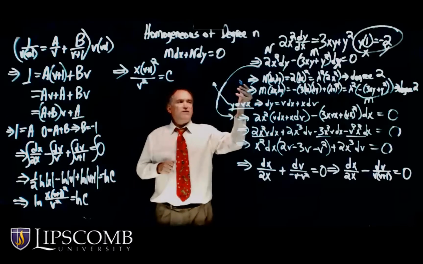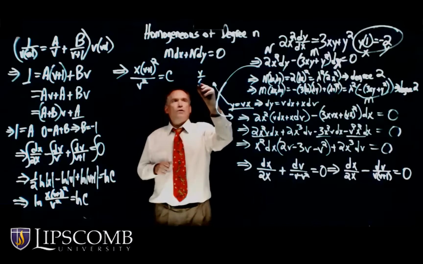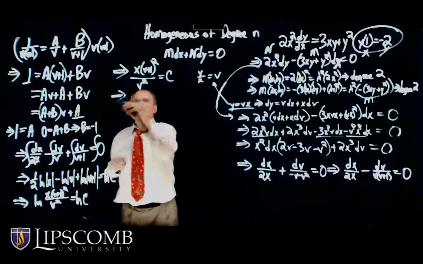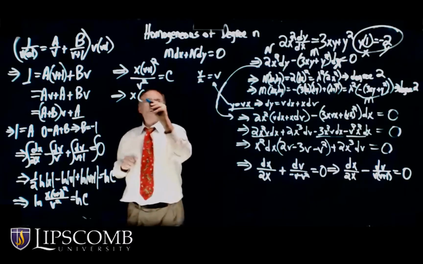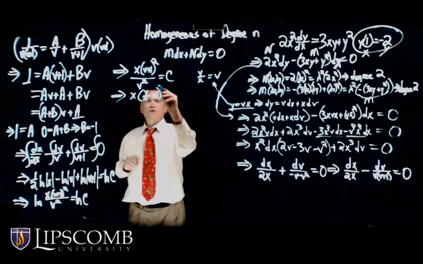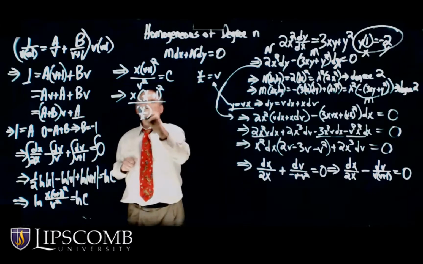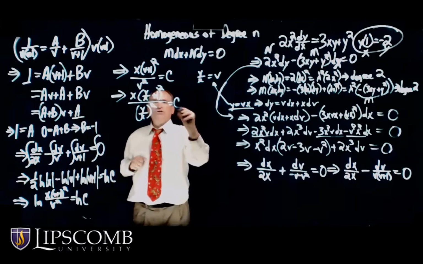So that's the same thing as saying y over x equals v. Let's plug that in. So I have x times y over x plus 1 quantity squared over y over x quantity squared equal to c.